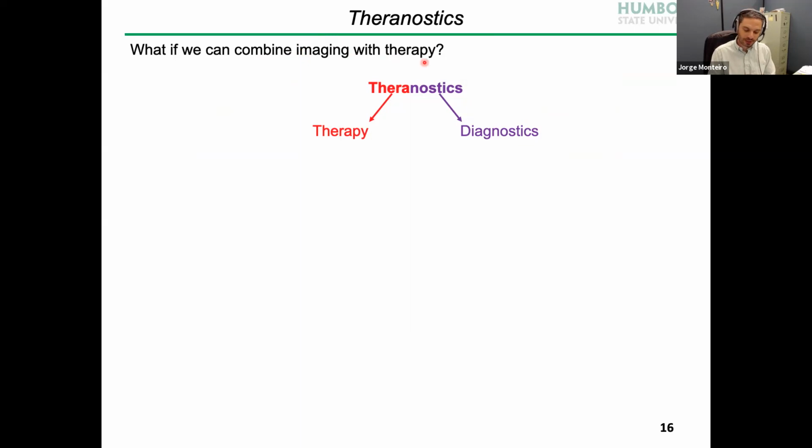That would give a unique opportunity to tell the patient, you have this disease because we are tagging some sort of cell, but at the same time, you don't have to worry because we are going to treat it right there with the same compound. Theranostics comes from therapy and diagnostics.